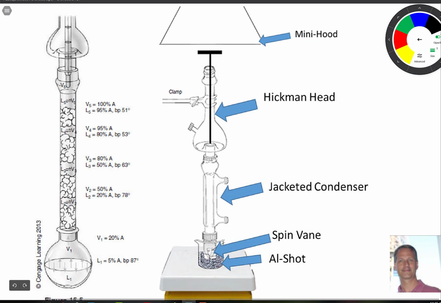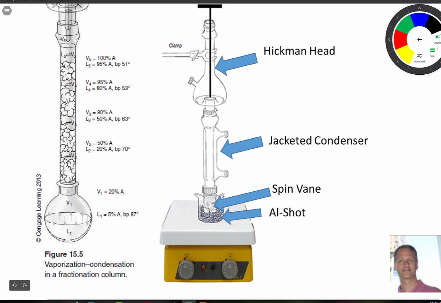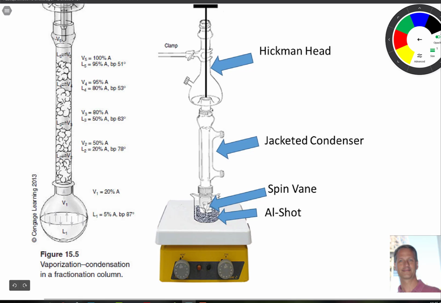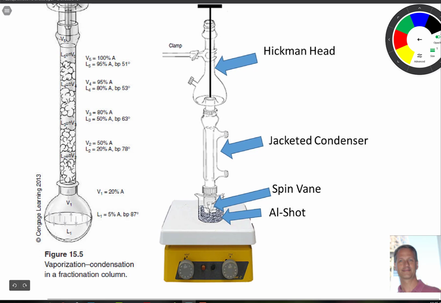Now, in a microscale setup, sometimes we use a jacketed condenser, but we don't run water through it, because if we ran water through it, it would cause the liquid to condense. Instead, we use it to insulate, because it's insulated by air.